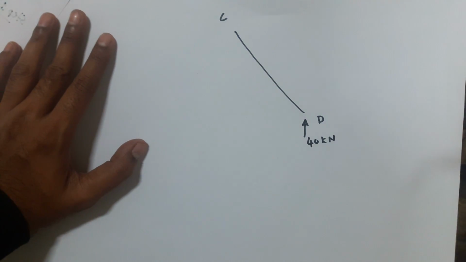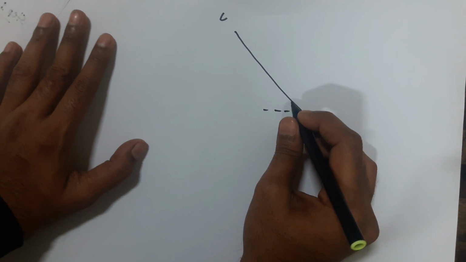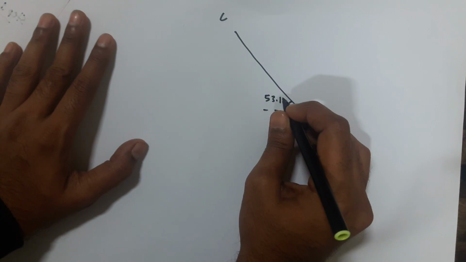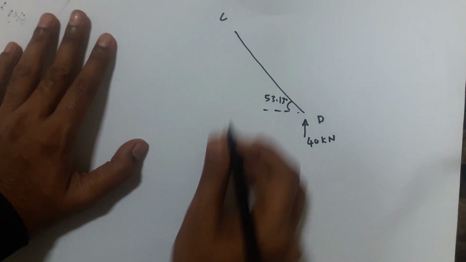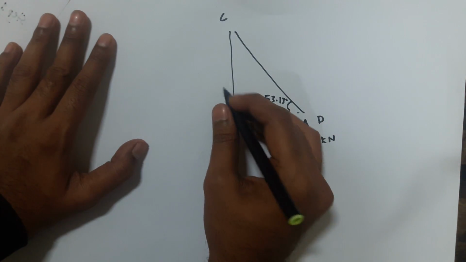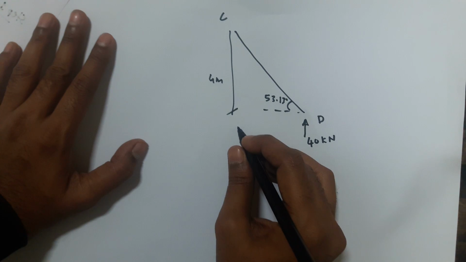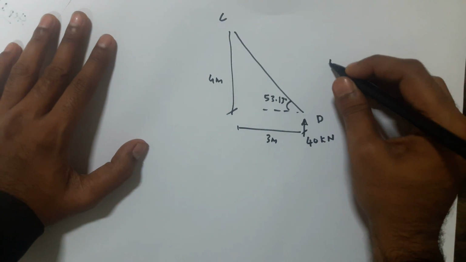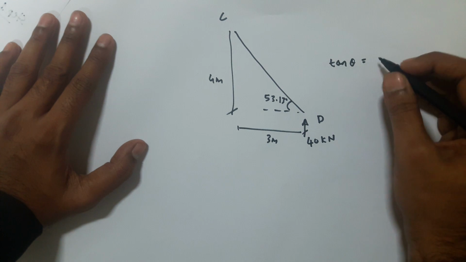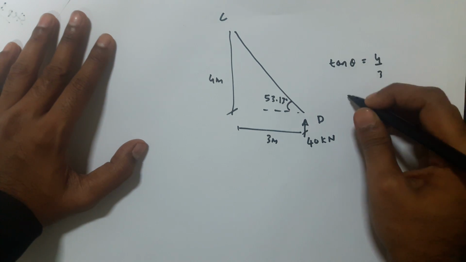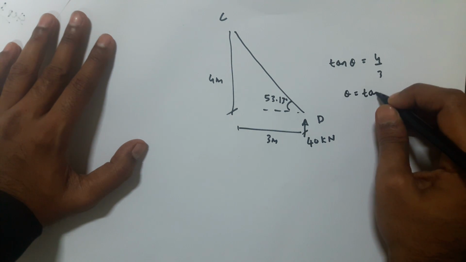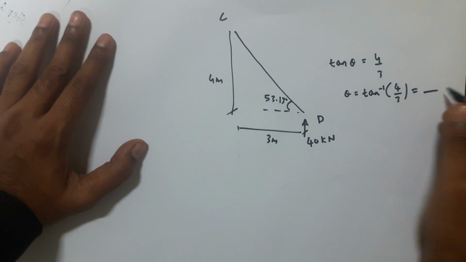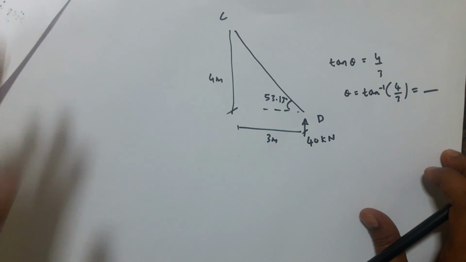This angle is 53.13, you can calculate easily. This is 4 meter, this is 3 meter. So tan theta equal to 4 by 3, theta equal to tan inverse of 4 by 3. So you will get this theta value.